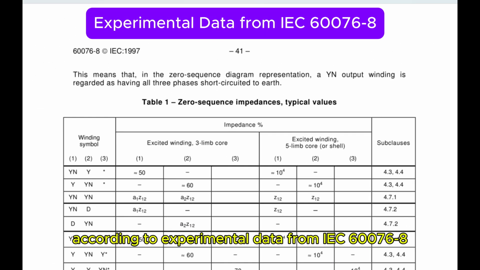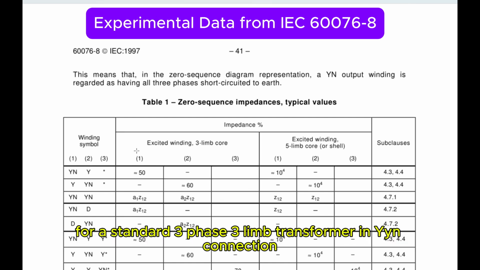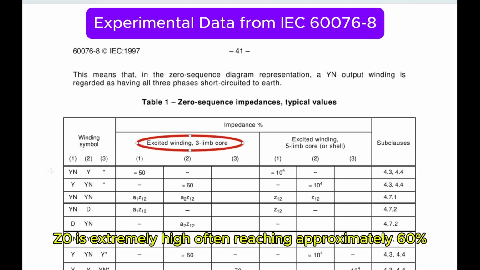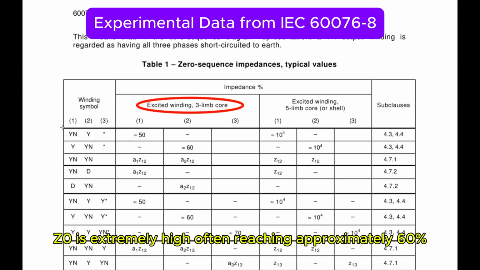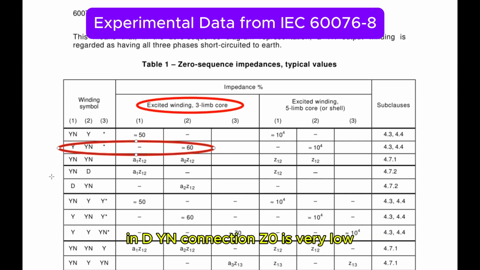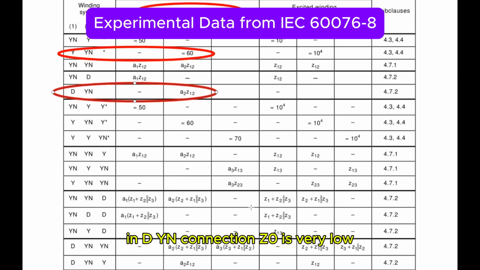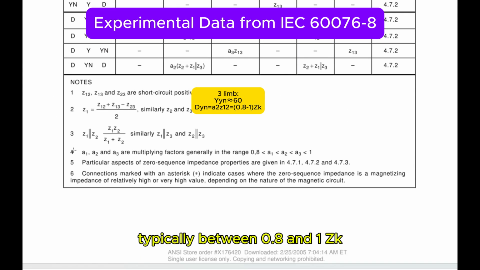According to experimental data from IEC 600768, for a standard three-phase three-limb transformer, in Yn connection, Z0 is extremely high, often reaching approximately 60%. In Dyn connection, Z0 is very low, typically between 0.8 and 1 Zk.